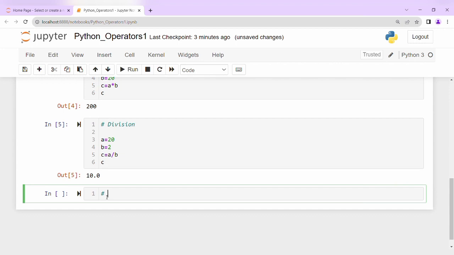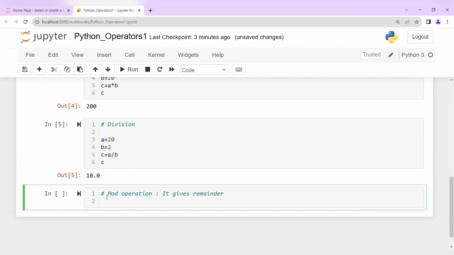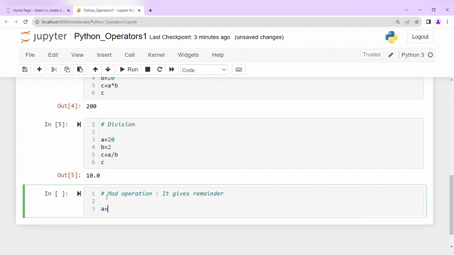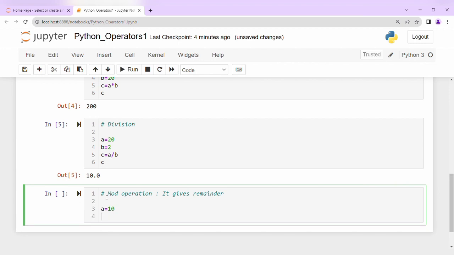Next one is mod operation. It gives a remainder. So take one value, A is equal to 10 and C mod of equal to 2.